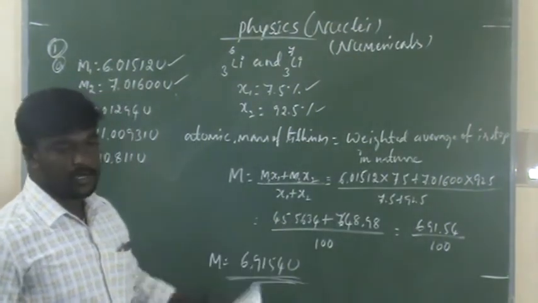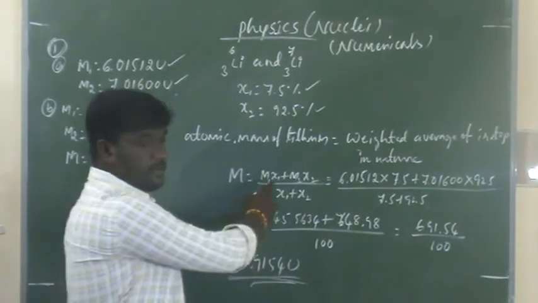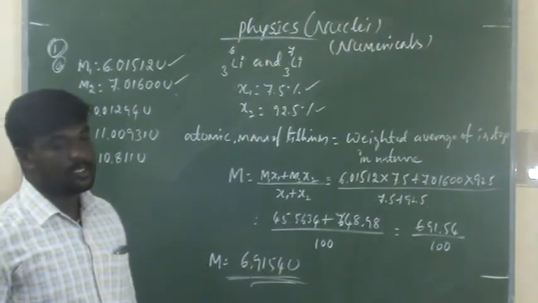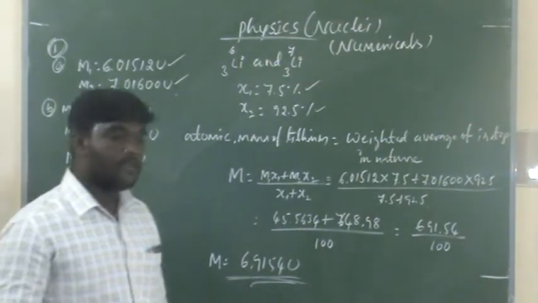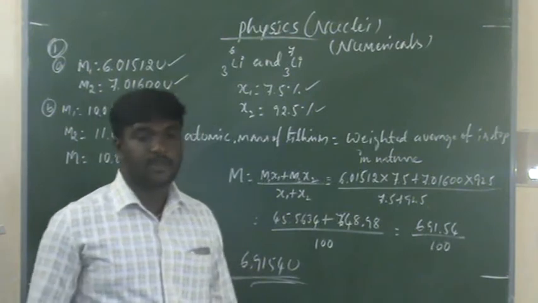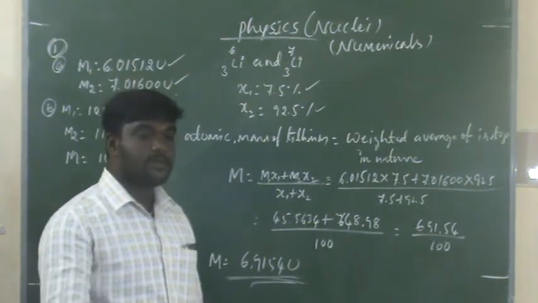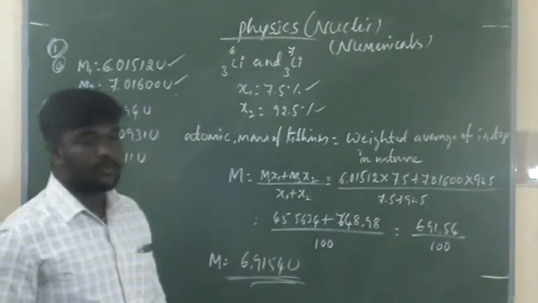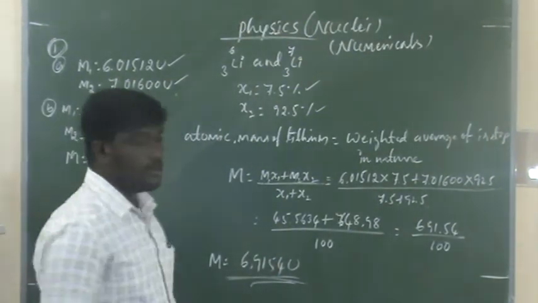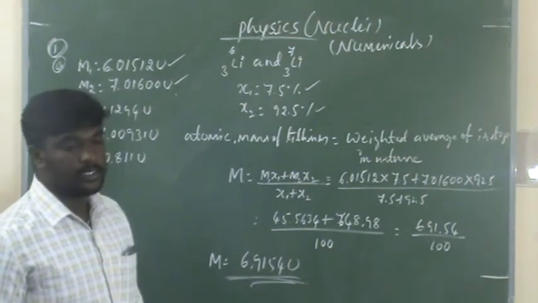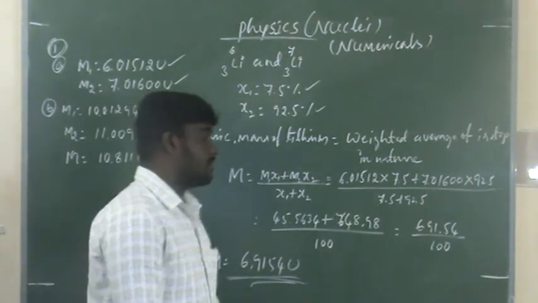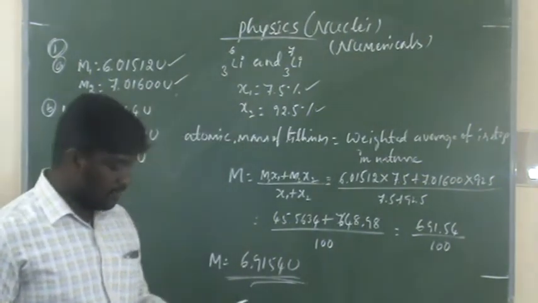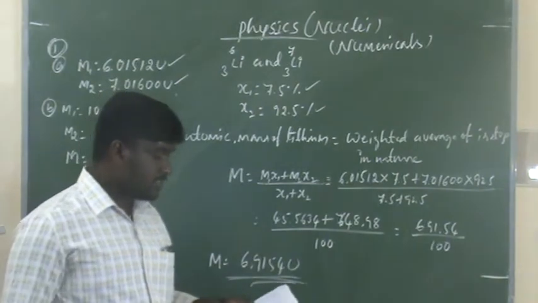The formula is m1 x1 plus m2 x2 divided by x1 plus x2. In numericals, the given things are very important; even given things carry marks. So finally we got the atomic mass of lithium, 6.9154 units.